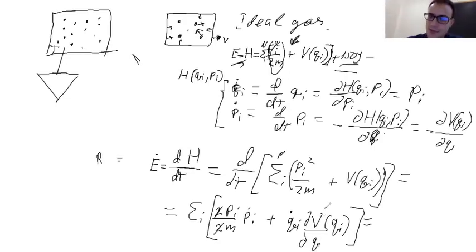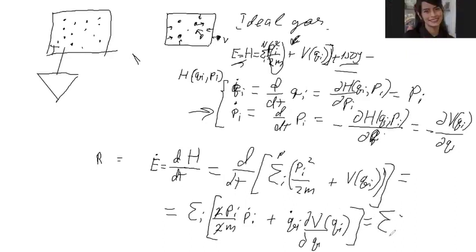What is the force? Have you seen this equation here? Yes. So m times dV over dqi, just pi dot. The derivative of pi. Minus pi dot, exactly, okay. And pi over m is what?